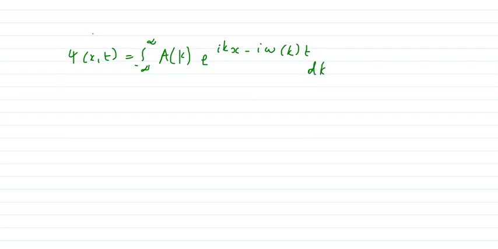So differentiate it. Dou psi by dou t is equal to a similar kind of differentiation: integral from minus infinity to plus infinity a of k, taking the constant for the time coordinate.